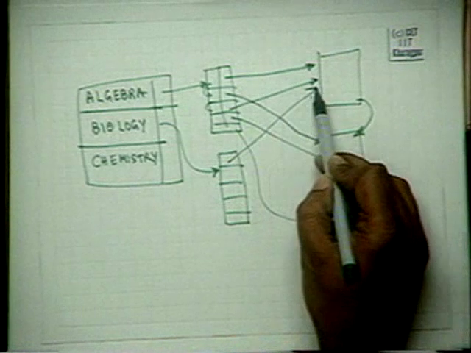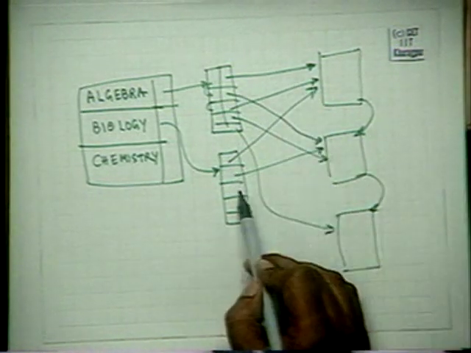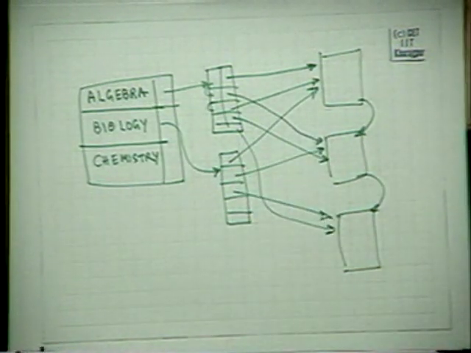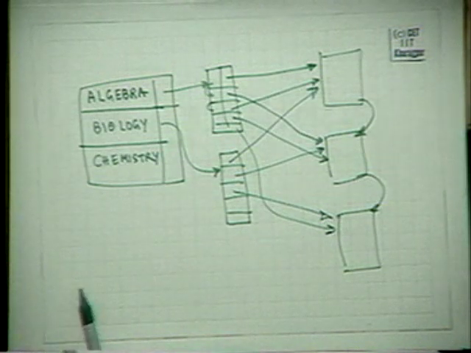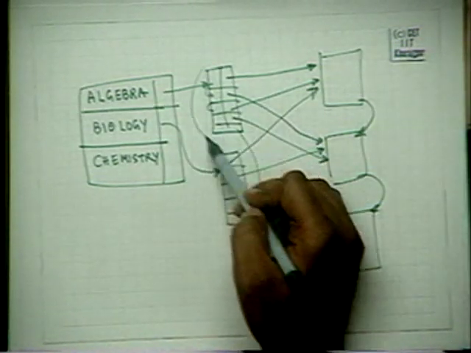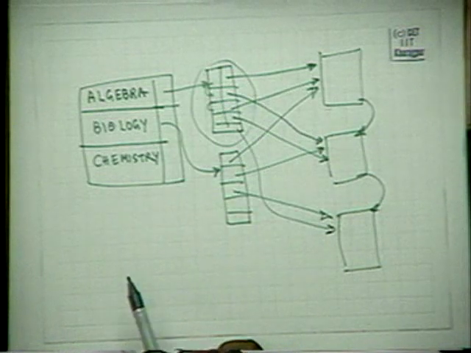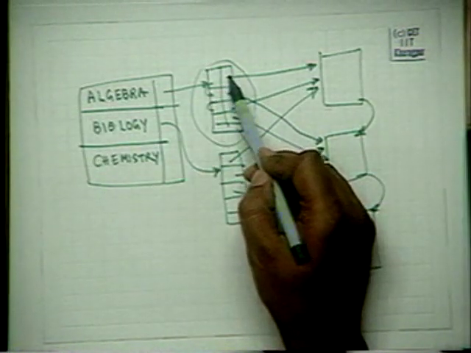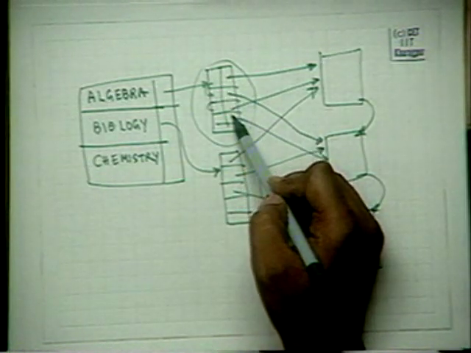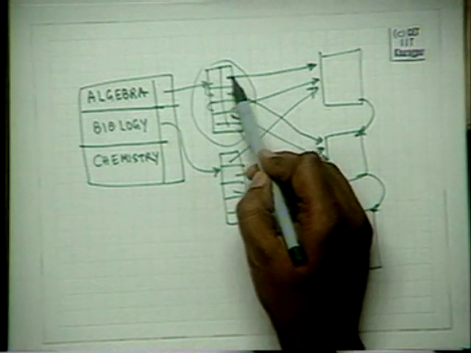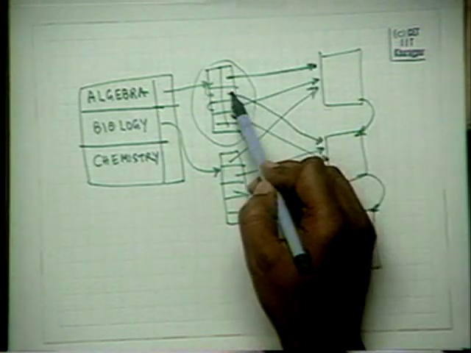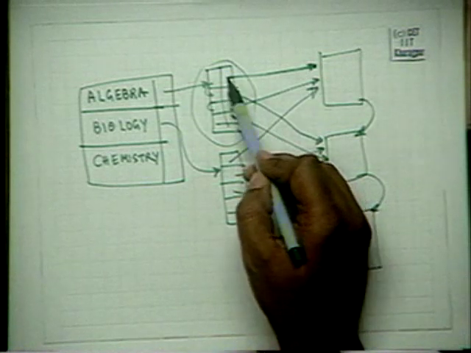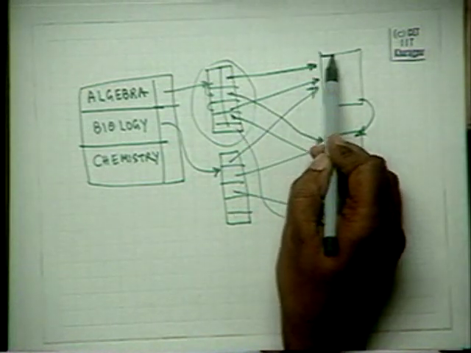This will point to the first one, this will point to the second one, this will point to the third one, and so on. The advantage is that once I access this one, which may be a block or two blocks, then from here I will see which I need. If I want the third one, I can pick it.